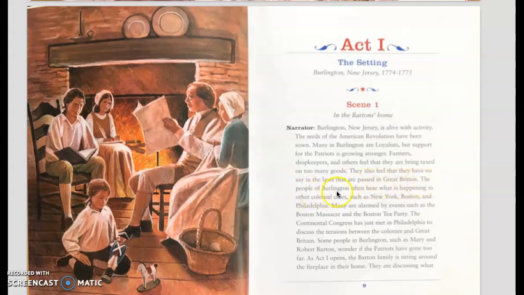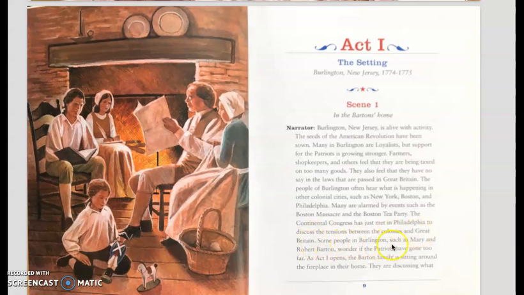The people of Burlington often hear what is happening in other colony cities, such as New York, Boston, and Philadelphia. Many are alarmed by events such as the Boston Massacre and the Boston Tea Party. The Continental Congress has just met in Philadelphia to discuss the tensions between the colonies and Great Britain.